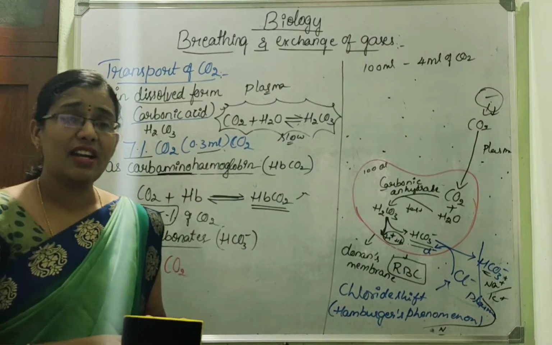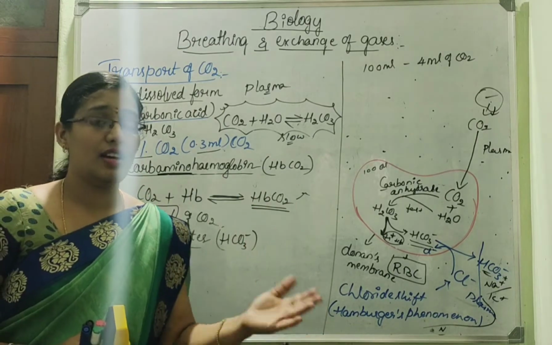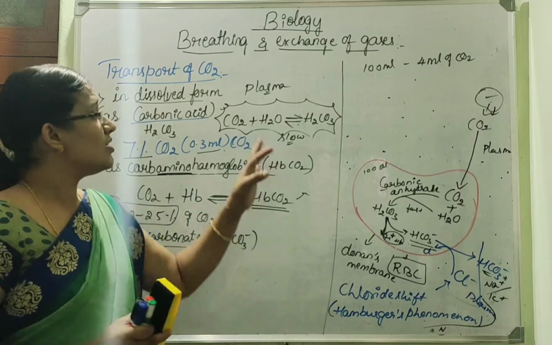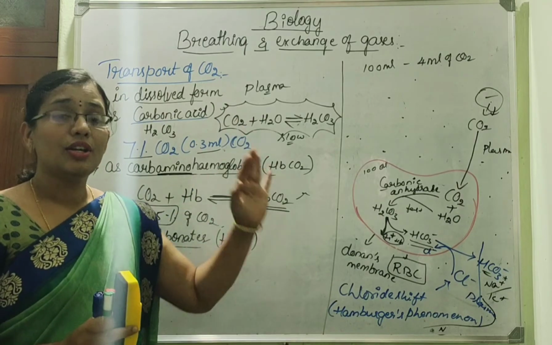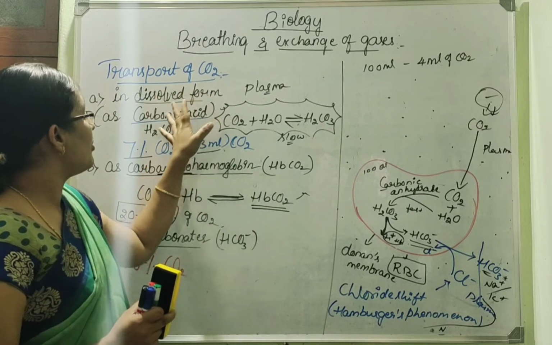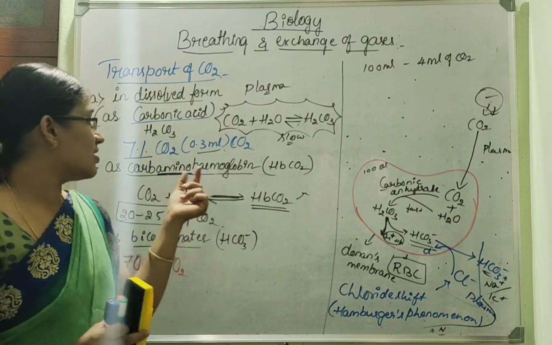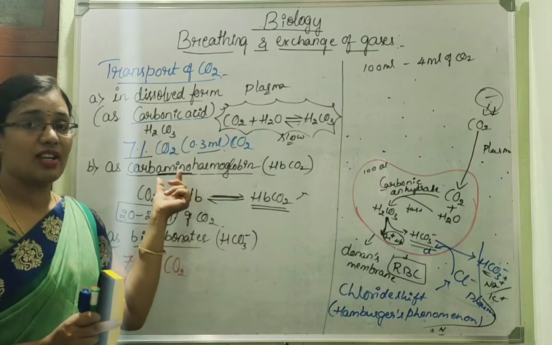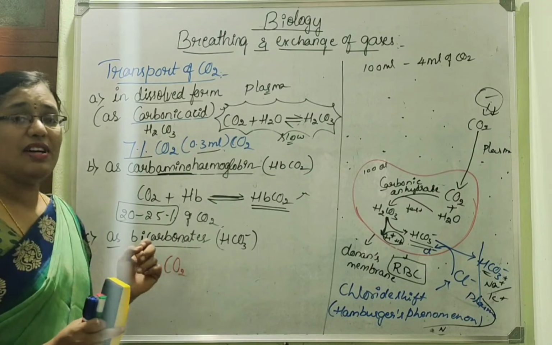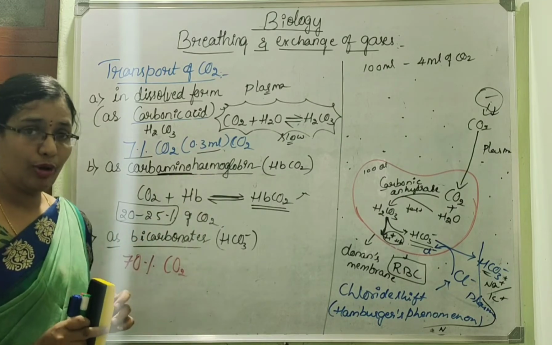The carbon dioxide which is released in the tissues will diffuse into the plasma, capillaries, and from there this carbon dioxide will be transported to the alveoli in 3 different ways, namely in dissolved form as carbonic acid. In this form only minute levels, that is 7% of carbon dioxide, is carried as carbonic acid, and about 20% is transported as carbaminohemoglobin.